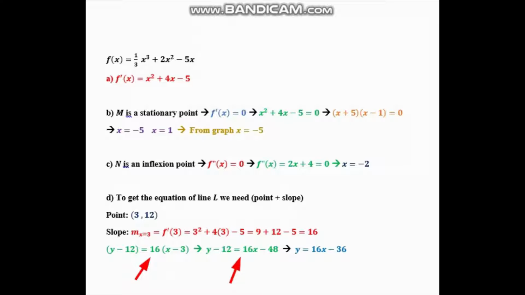As you can see, I've done this right there and there, so that I arrive at a final answer where y is on one side and isolated, hence getting the equation in the form y equals ax plus b. So take a minute to write this down if you will. I shall begin the second question shortly.